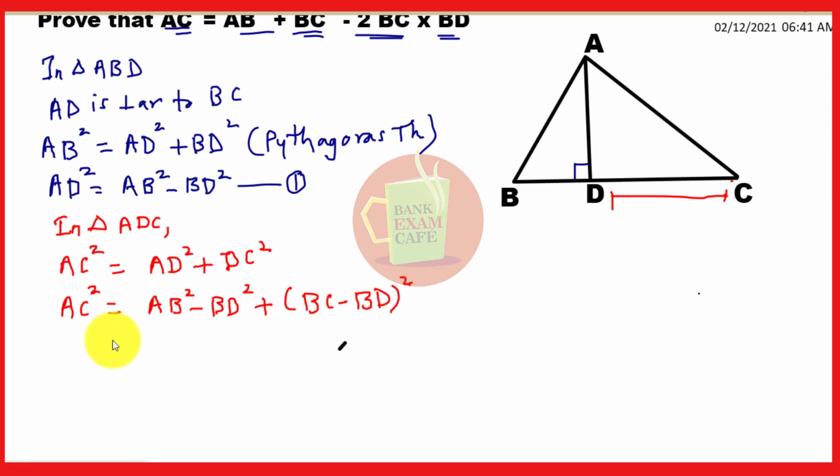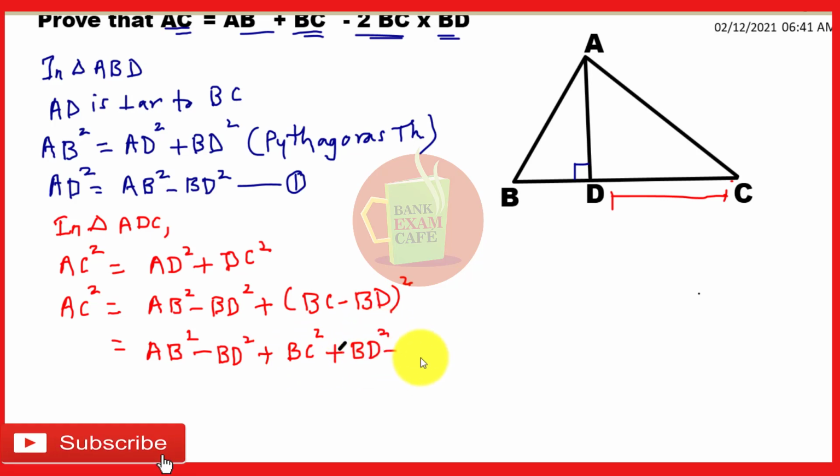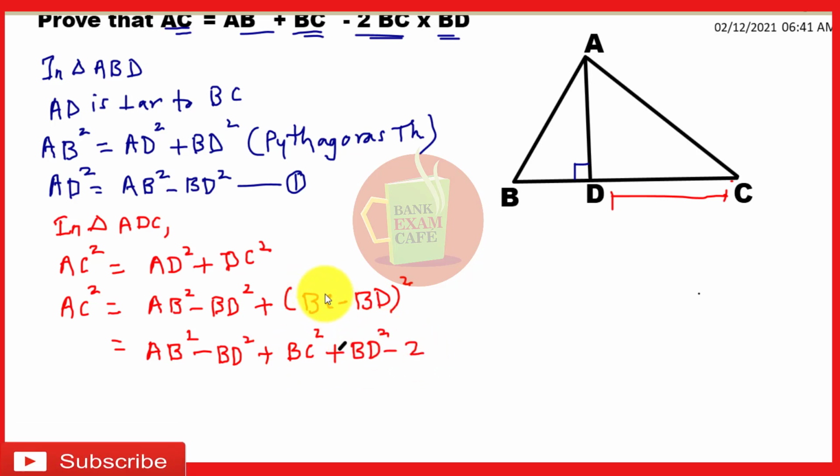Now opening this bracket, it will be AB square minus BD square plus, since A minus B bracket square is A square plus B square minus 2AB, BC square plus BD square minus 2 into BC into BD.